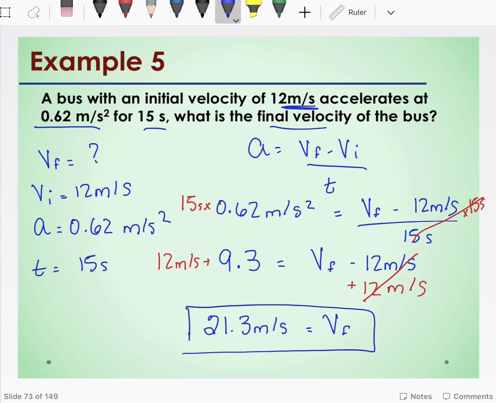That's what I'm left with. Okay, it's always good to double check when you're dealing with these longer manipulations. So 21.3 subtract 12 divided by 15 equals 0.62. So that worked out. All right, there you have it for acceleration.